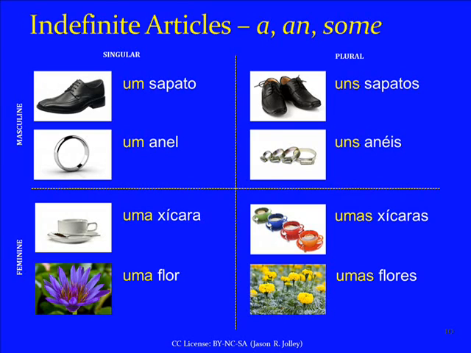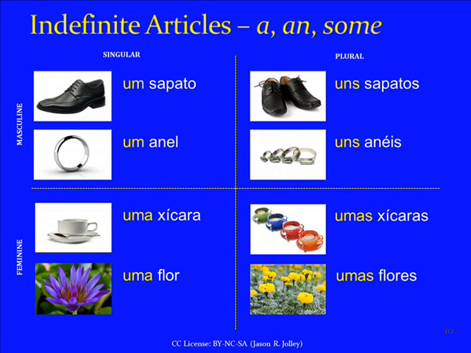Plural is uns anéis. Feminine singular, uma flor. Plural feminine, umas flores. Again, so that might be some flowers or a few flowers. Uma flor would be a flower, right?